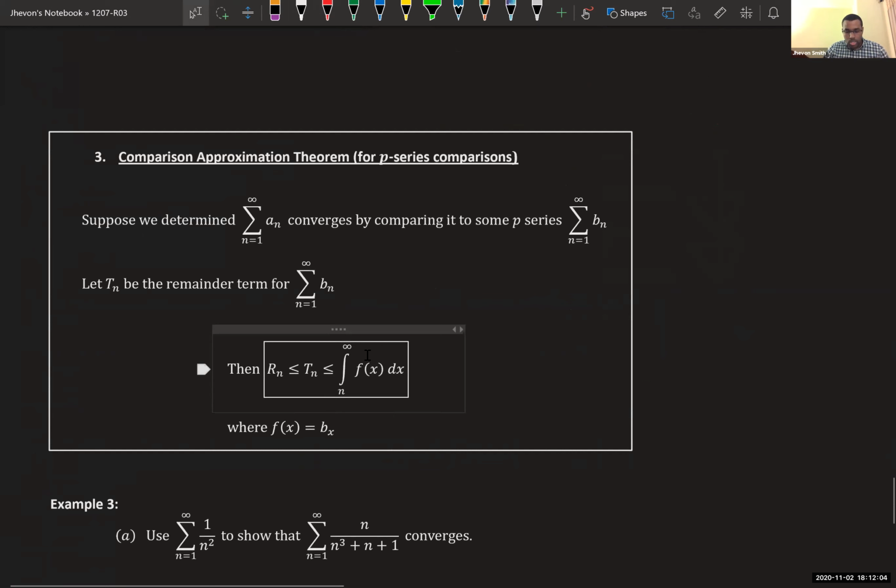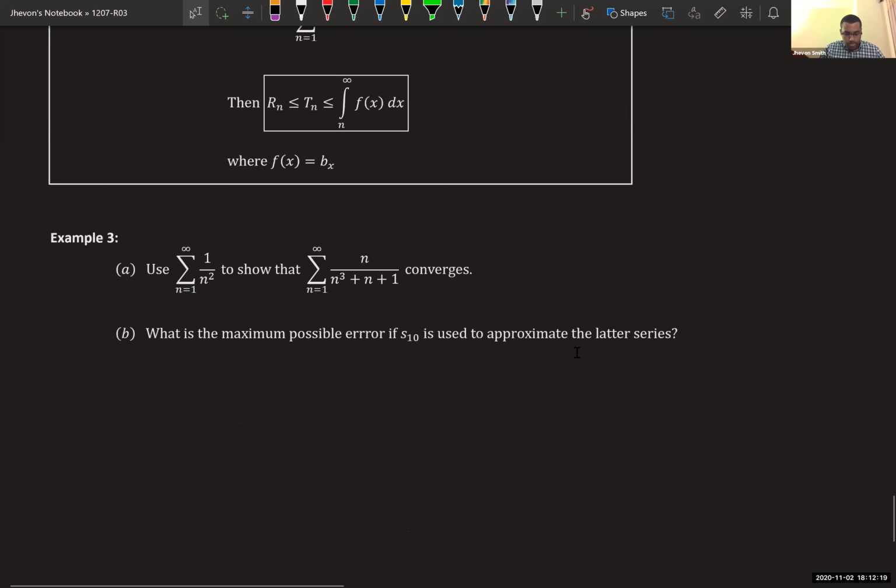There are ways to put bounds on the remainder term if you use the comparison theorem. There are ways to put bounds on things depending on what test you can actually get to work. There are estimation theorems that will go with that test to actually tell you how good the test was if you were to use partial sums. So yeah, that's what we'll see about estimating theorems here.